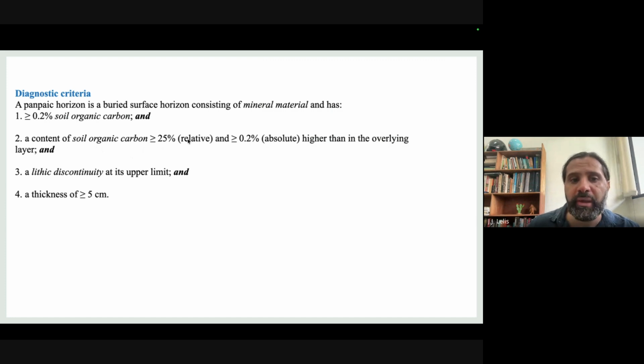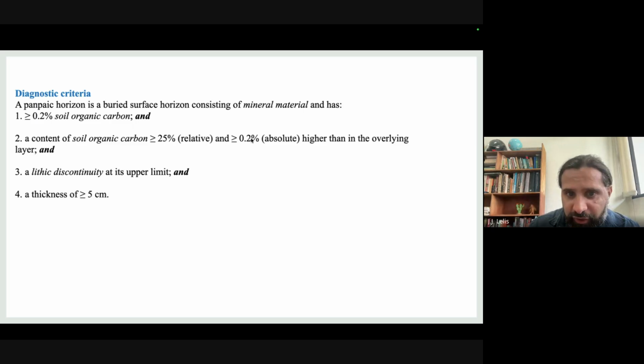So when I compare the content of this buried horizon with the one above, I need to consider it in a relative way, considering 0 to 100%, and in an absolute way, like the addition. Let's see, for example, that a Pompeiic horizon has 0.3% of organic carbon. The overlying horizon should have 0.1% or even less in absolute content.